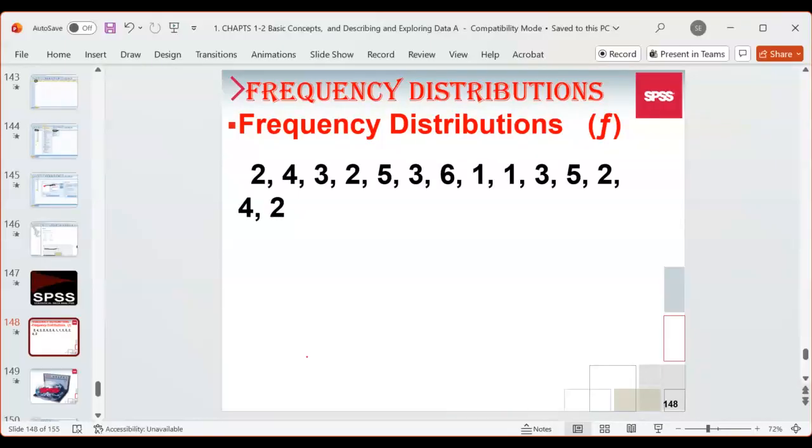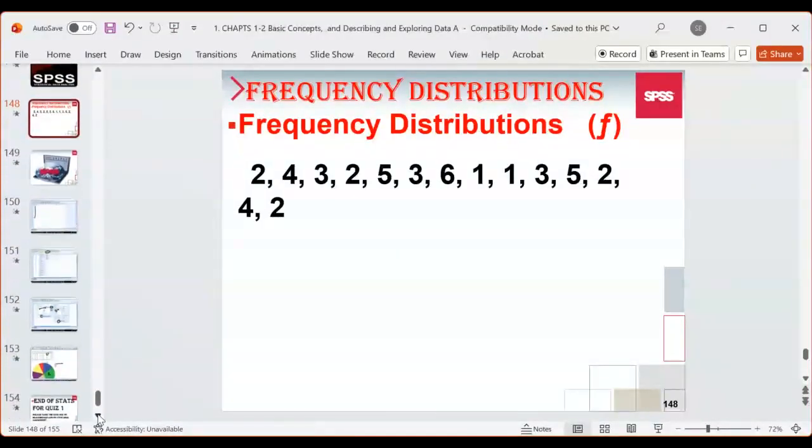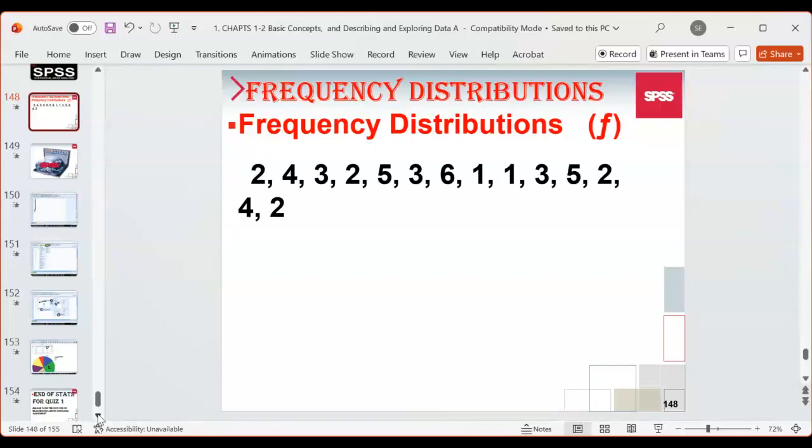In terms of the other one, those numbers that we did, the frequency distribution, again, you're not going to do this manually at all. It's ridiculous. And keep in mind, in reality, guys, you're not going to do any calculation manually. We know that.